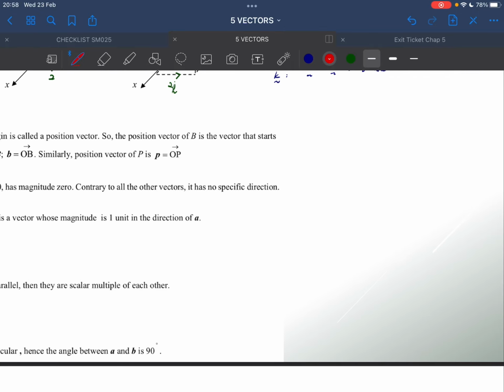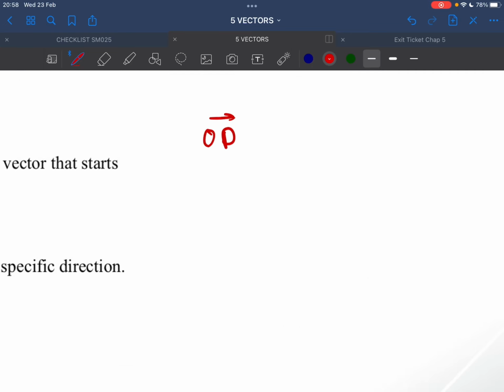There are 3 ways to write your vector. The first one, as I showed you earlier, is OP equals i plus 2j plus 3k. This is the first way to write your vector. You must have the wavy line on your ijk.